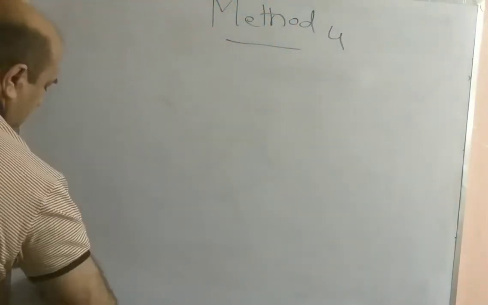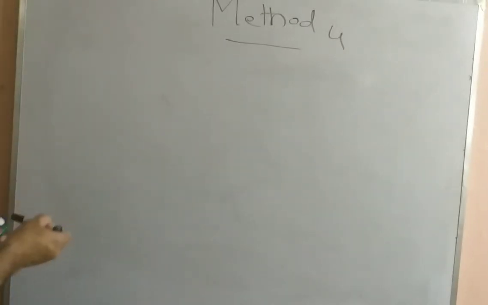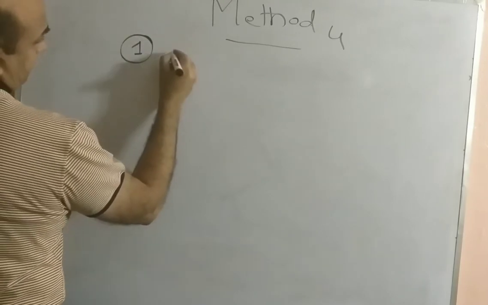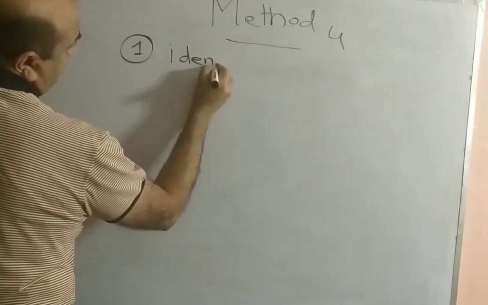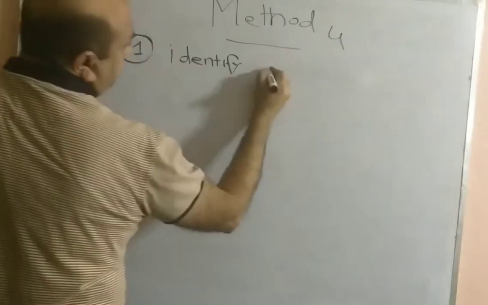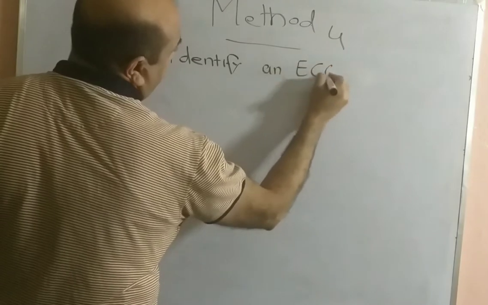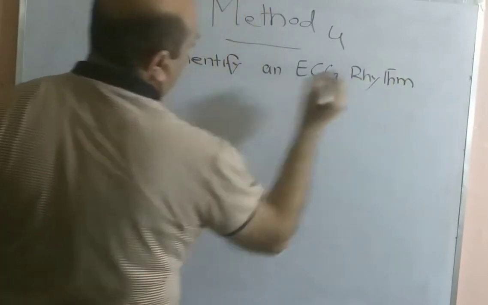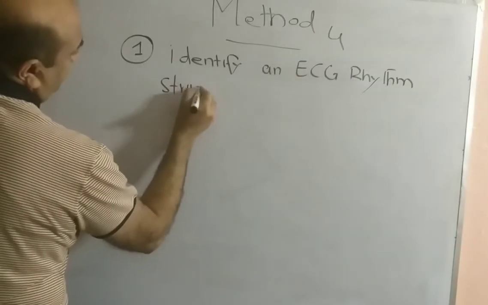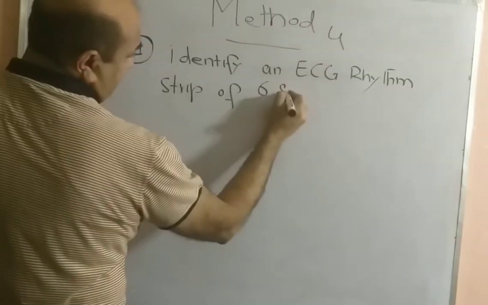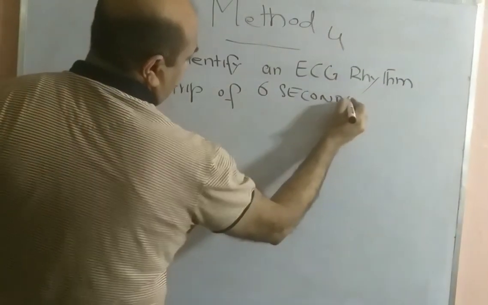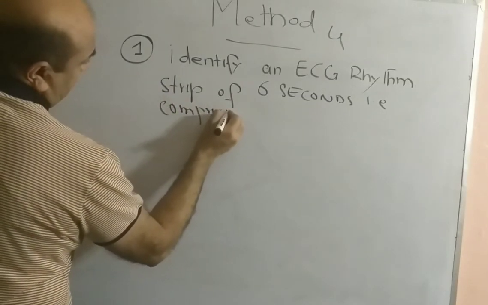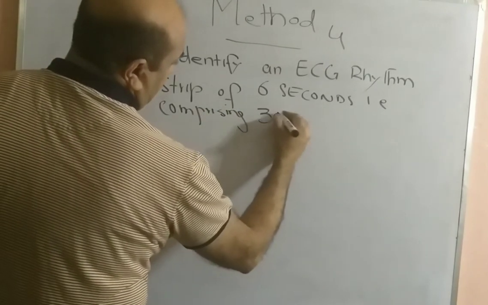Step 1: identify an ECG rhythm strip of 6 seconds, i.e. comprising 30 large boxes.